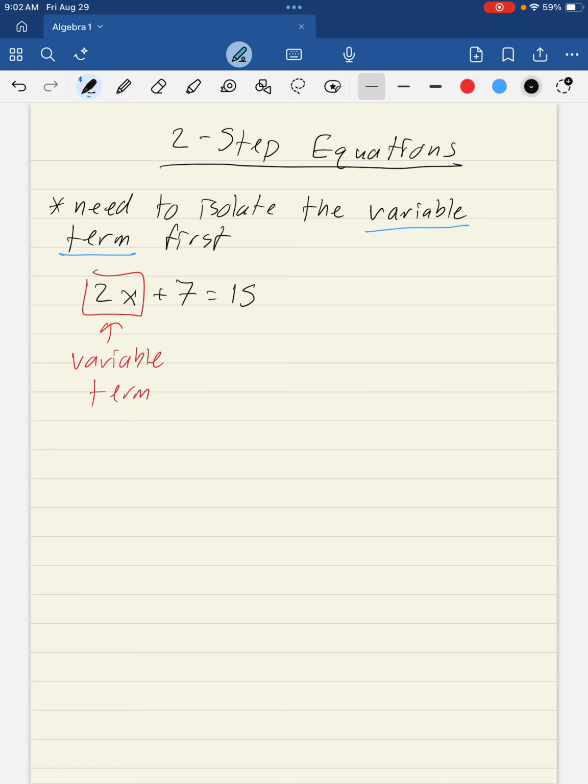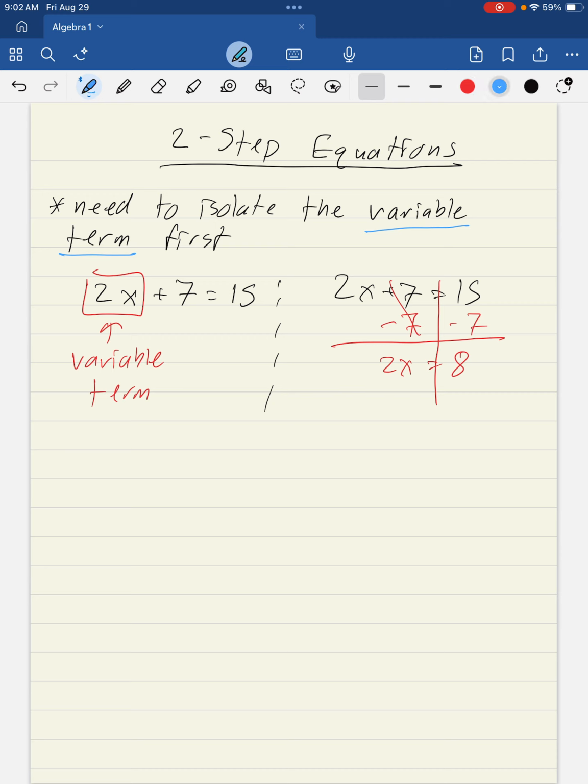And if I wanted to solve this guy, I would go 2x plus 7 equals 15. And I need to get the variable term by itself first, so I get rid of my 7. Opposite of plus 7 is minus 7. So now I've got 2x equals 8.